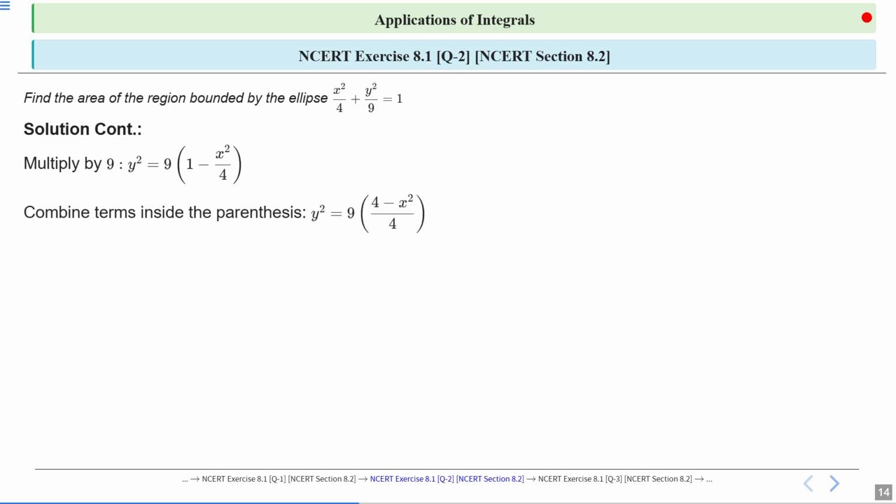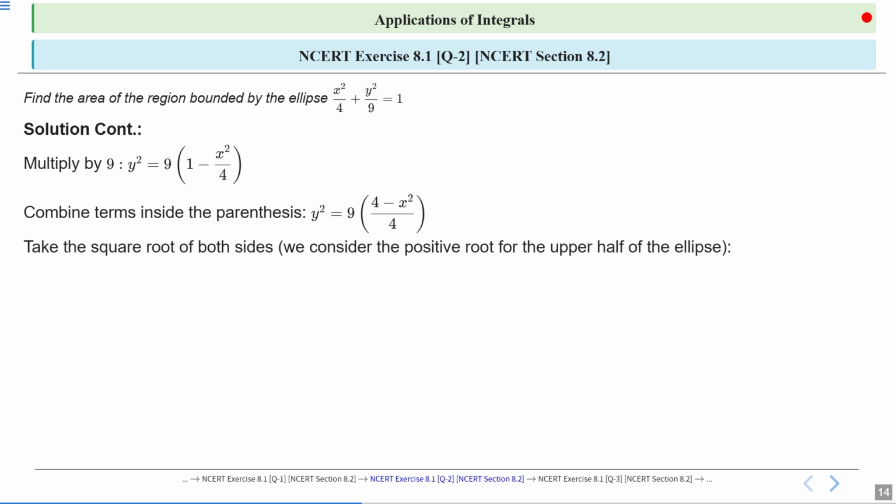Combining terms inside, y square is equal to 9 times (4 minus x square) by 4. Taking the square root on both sides, as we find the area in the first quadrant, we take the positive value of y. So y is equal to root of 9 times (4 minus x square) by 4, that is 3 by 2 under square root 4 minus x square. That is the value of y in terms of x: 3 by 2 root under 4 minus x square.